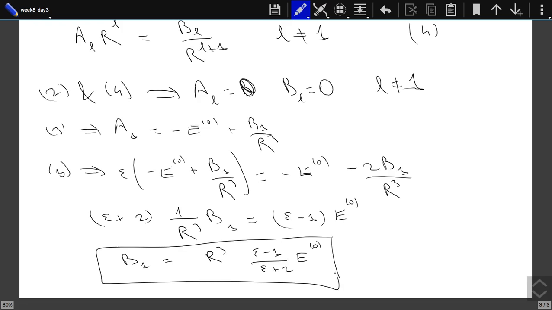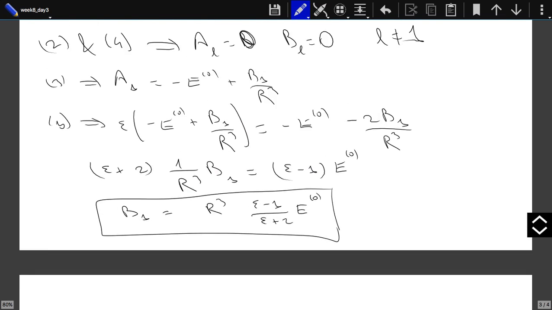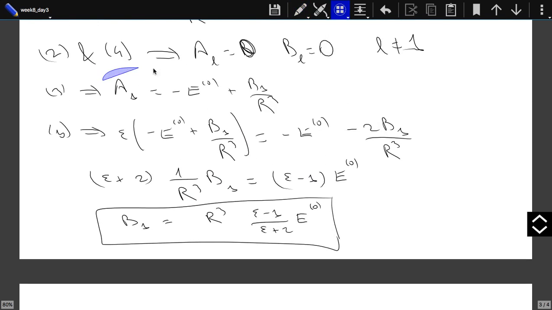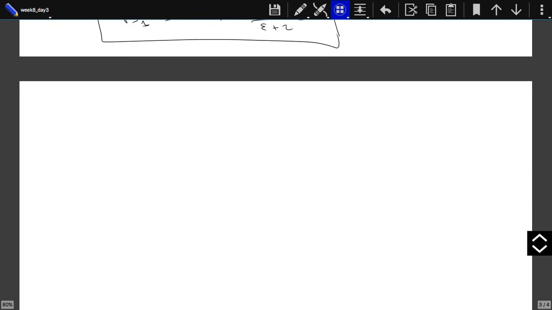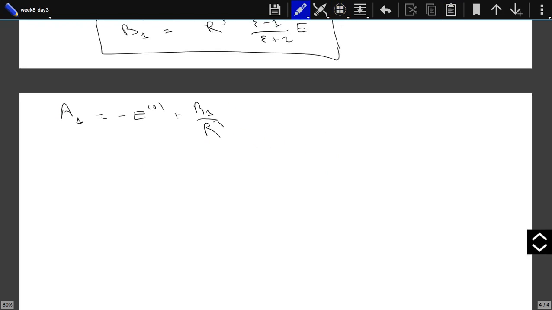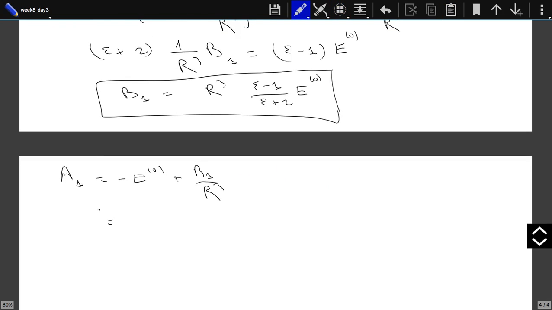Now I can determine A1. You see, A1 is this number over here. It's related to B1. Now we had calculated B1. This is minus E0 plus epsilon minus 1 over epsilon plus 2 E0.